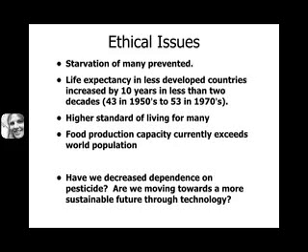We know through the Green Revolution we have prevented the starvation of millions of people, that life expectancy increased by at least 10 years over the course of the Green Revolution, that resulted in a higher standard of living for many, many people. And right now, we are able to produce far more food than the world actually needs.